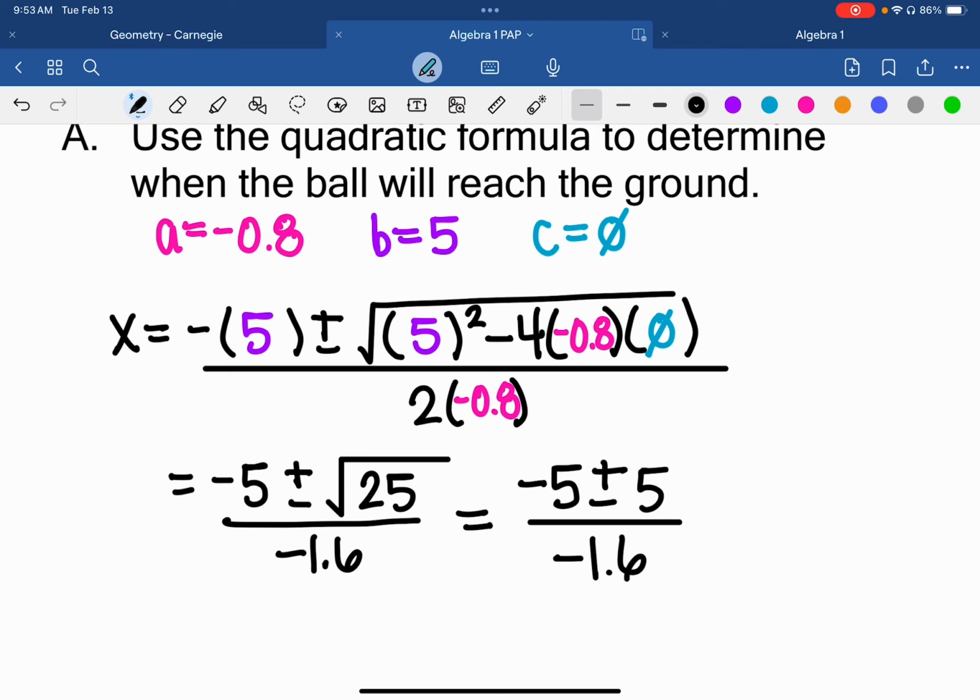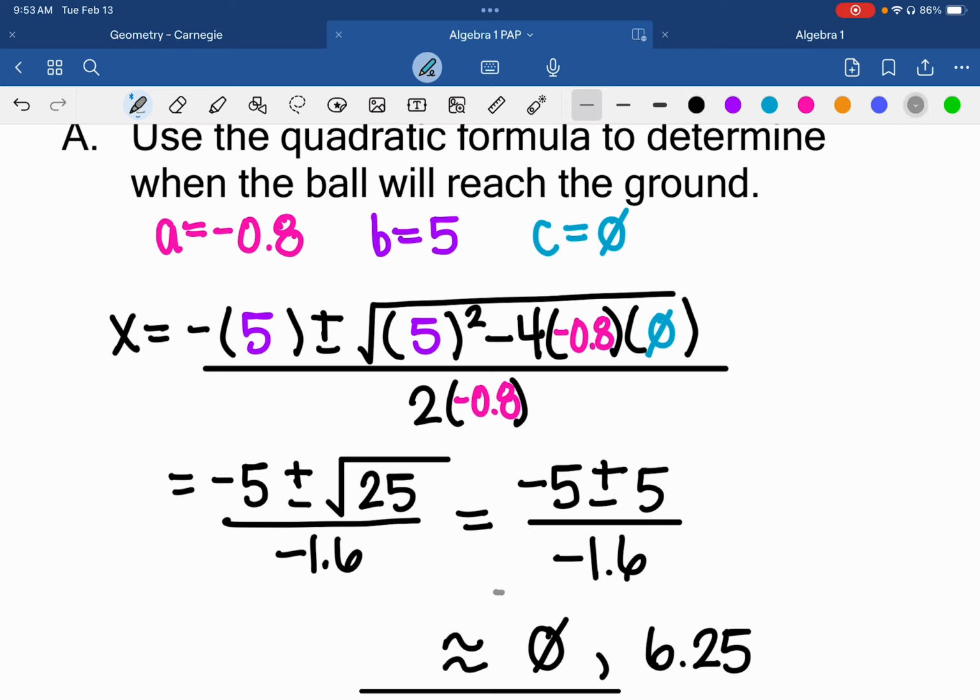So this one should only have a decimal answer, because on the top, I know negative 5 plus 5 is 0, and negative 5 minus 5 is negative 10. So I'm going to split them to do my approximate. So one answer is 0 and the other answer would be 6.25, right?